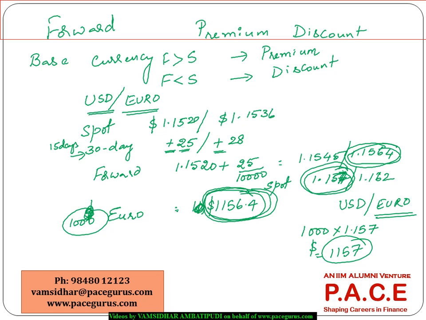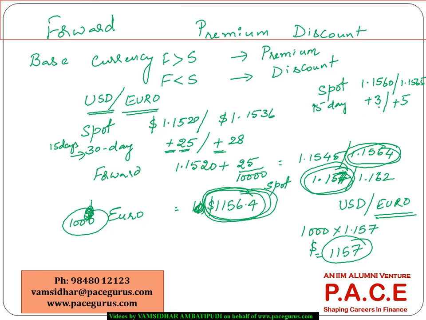Now in the middle, if I am looking at, let's say, 15 days, I require the details for after 15 days, what are the scenarios. Let's say the spot price after 15 days is 1.156 and 1.1565, and a 15-day forward is available, let's say, at +3/+5.